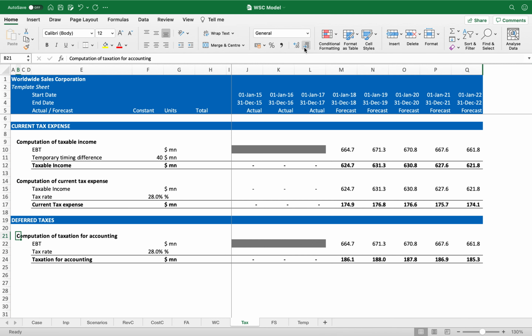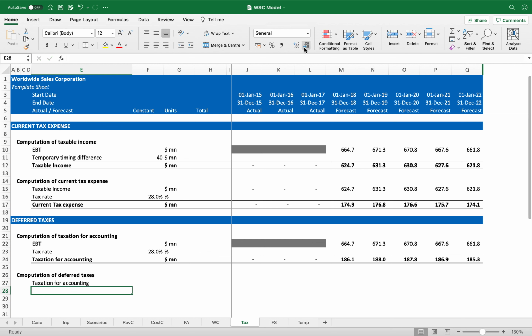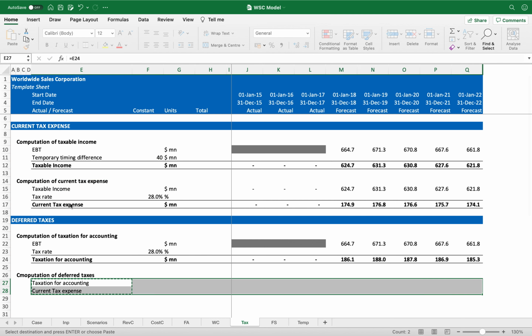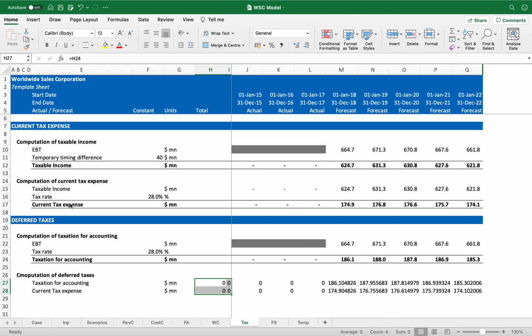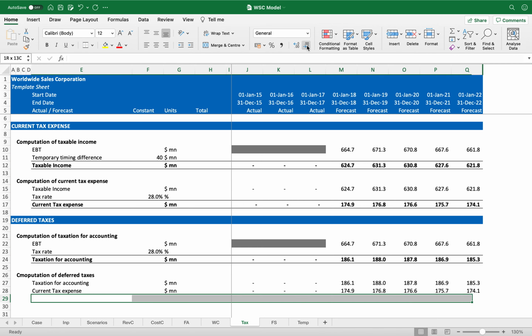Now, computation of deferred taxes. I have taxation for accounting. I have current tax expense. So I can get deferred taxes.